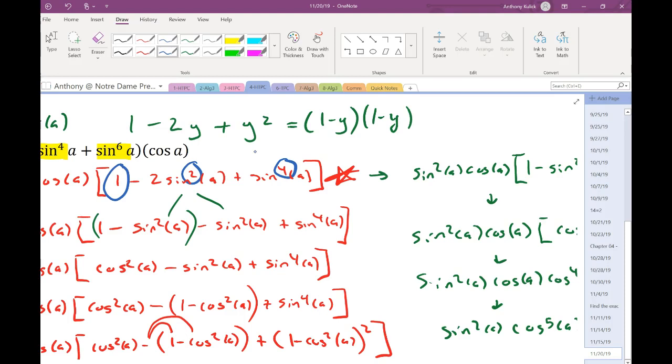You know, if I had 3 and 6, or 4 and 8, or 5 and 10, those are the kind of exponent pairs that I'd be looking for to factor like a quadratic, is that one exponent is 2 times the other exponent. And that's helpful. That does happen here from time to time, and it's a good trick to remember.